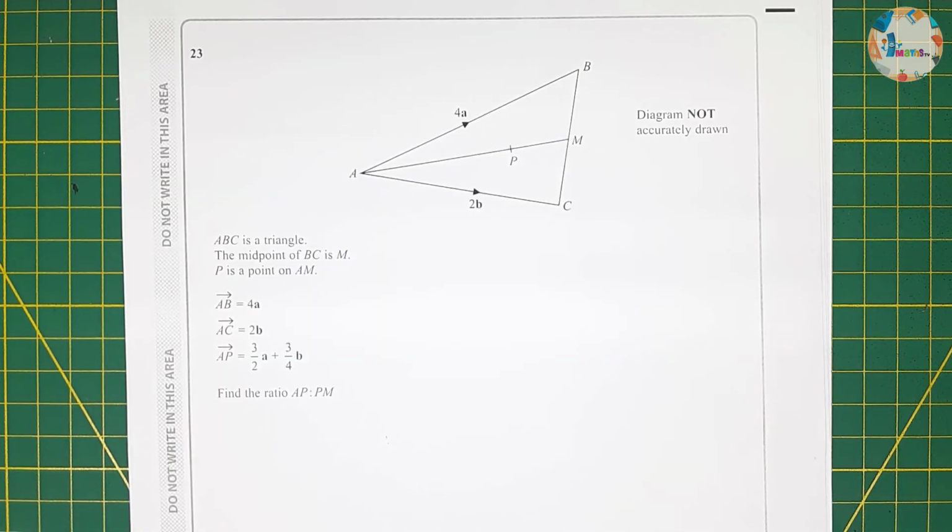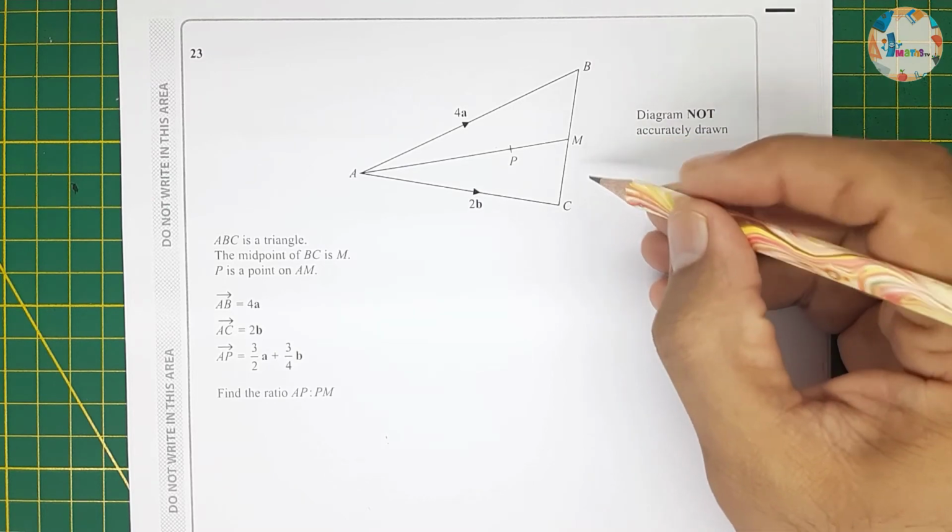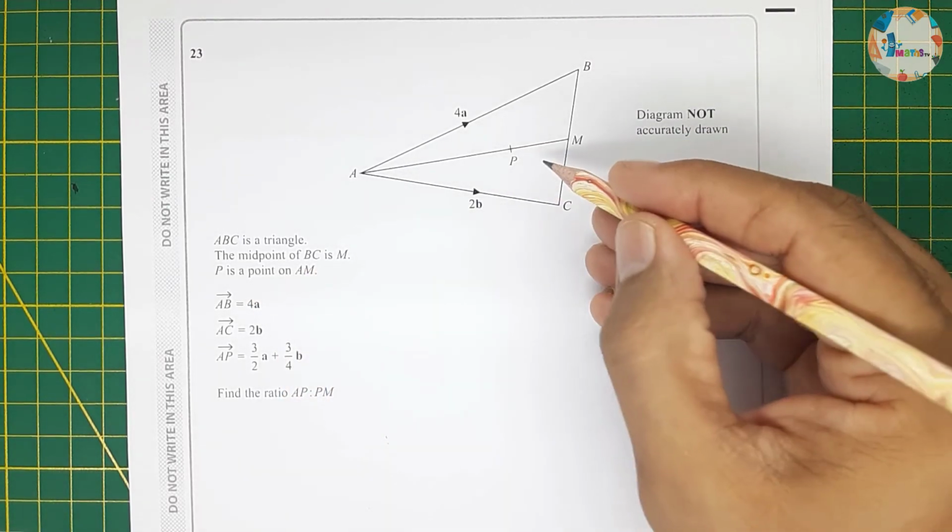Now question number 23. This is a vector question, and a diagram is provided which is not an accurate drawing, and ABC is a triangle. The midpoint of BC is M. The midpoint of BC is provided, which is over here, which is M, and P is the point on AM.